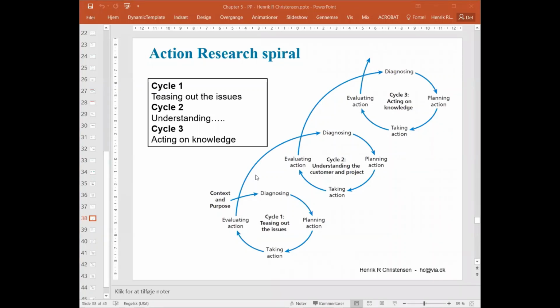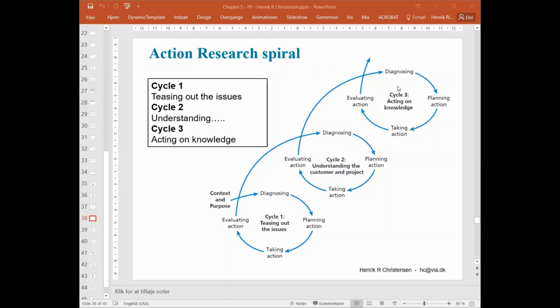And that means that, based on your first cycle, you are now much better prepared for diagnosing, for how to understand the customer and in this case the project, but it could be understanding people's satisfaction, understanding the structure of the supply chain, understanding how to use SOPs, etc. And then you are planning new action, you take action, you evaluate, and then you create new knowledge about people working with SOPs in dealing with the supply chain.